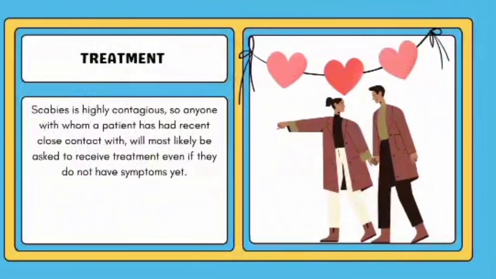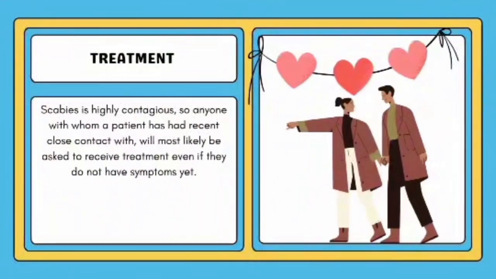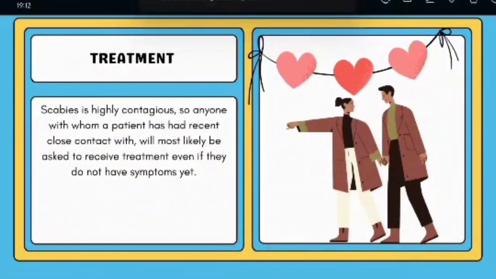Treatment. Scabies is highly contagious, so anyone with whom a patient has had recent close contact will most likely be asked to receive treatment even if they do not have symptoms yet. There are several medications available to treat infected people.